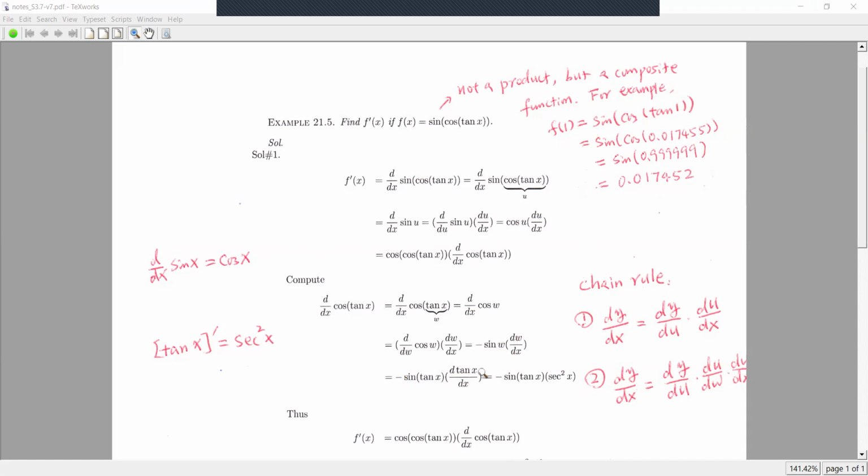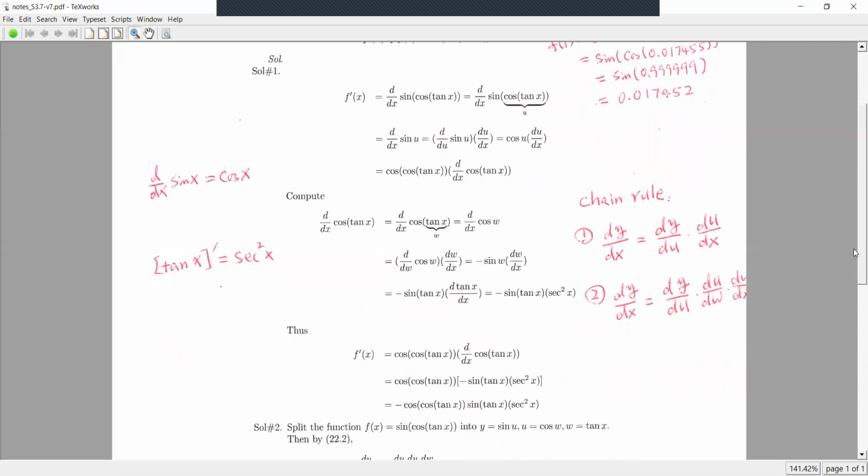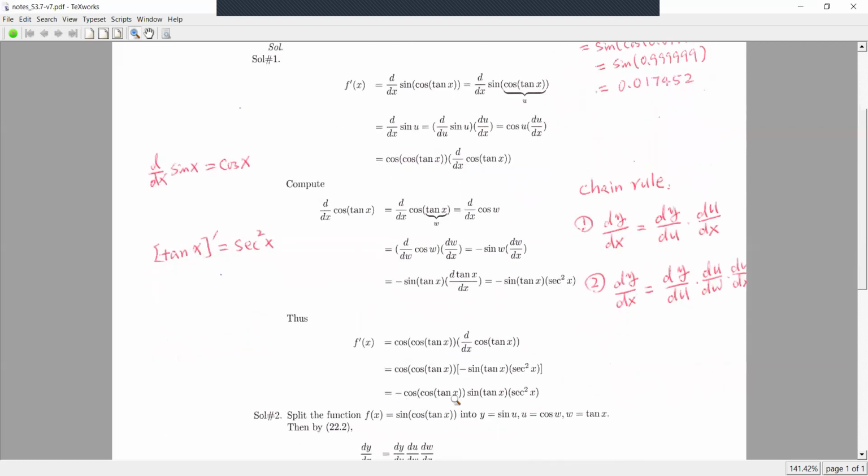Derivative of tangent of x with respect to x by formula is secant squared. So this is the result of this derivative. Plug in the result here, then the derivative of the function f is this.